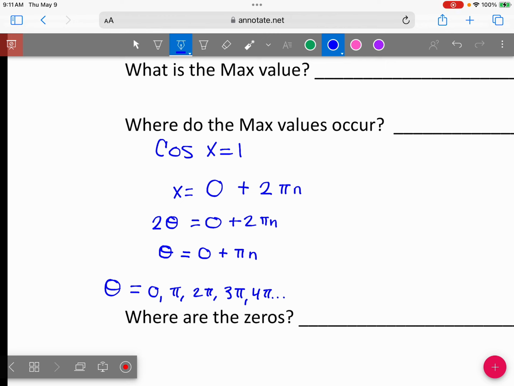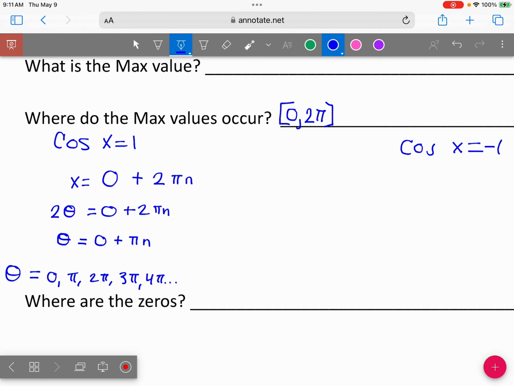However, since we're only working in the period of our function, which goes from 0 to 2 pi, we're going to have maximums at 0, pi, and 2 pi.